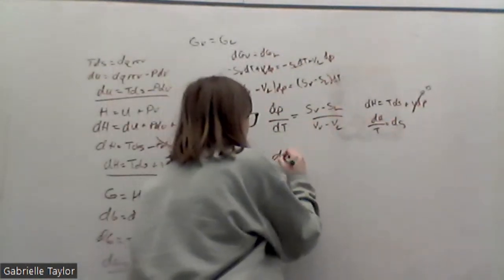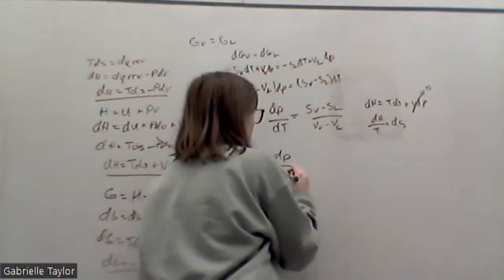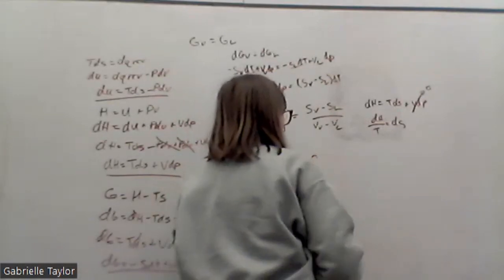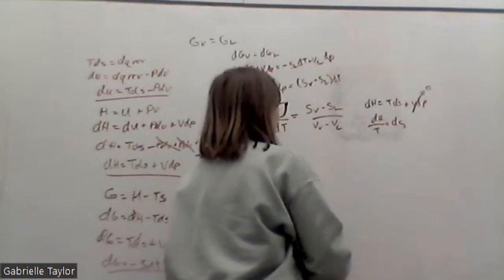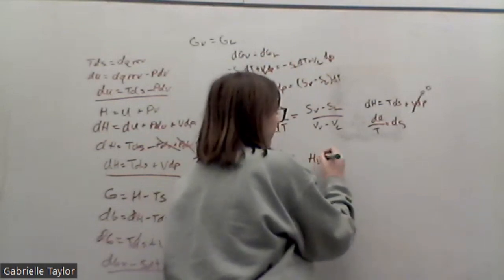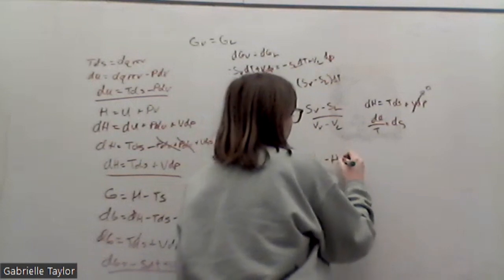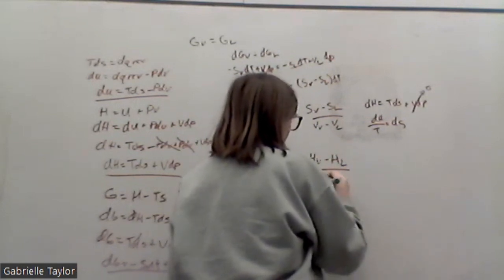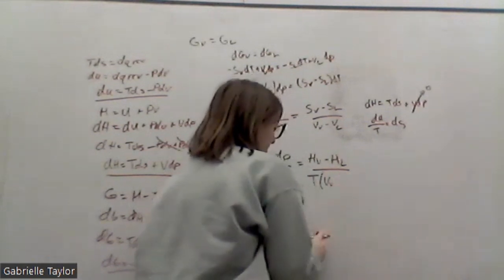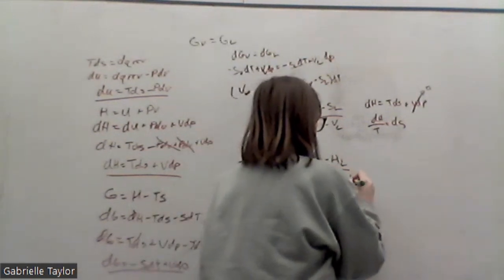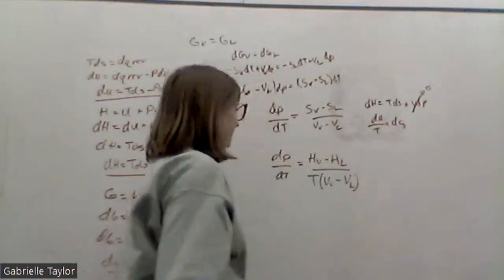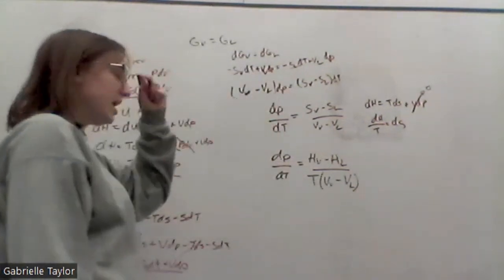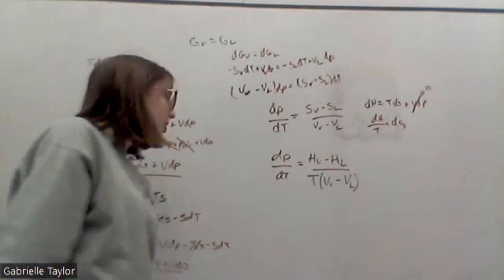So we have dP over dT equals the enthalpy of the vapor minus the enthalpy of the liquid, over T times the volume of the vapor minus the volume of the liquid. Okay, so this is the Clapeyron part of Clausius-Clapeyron.